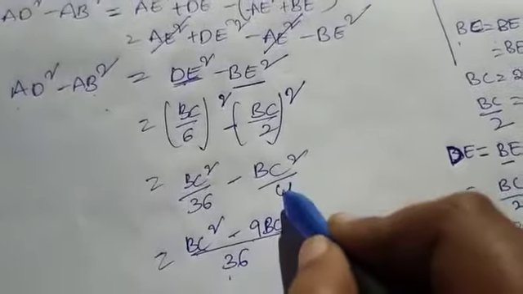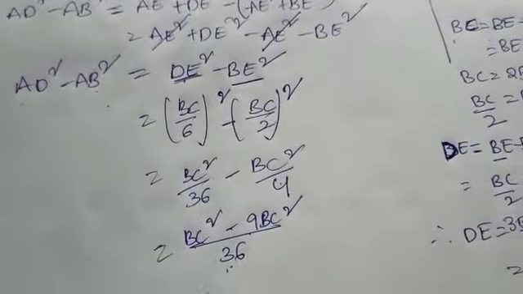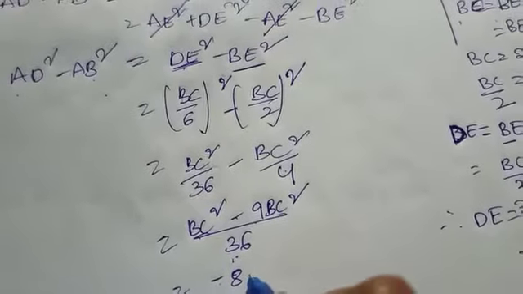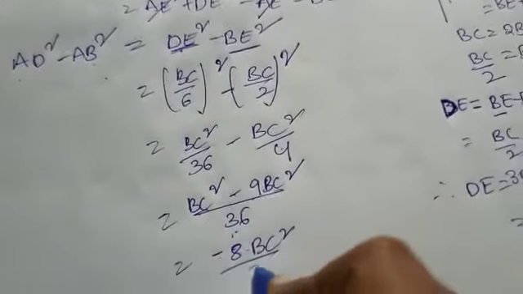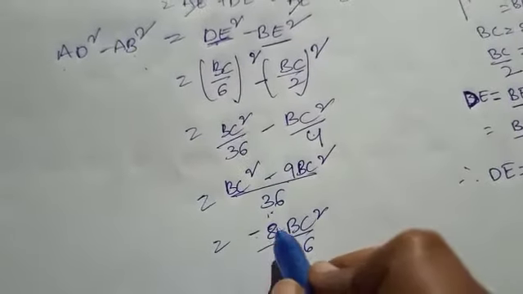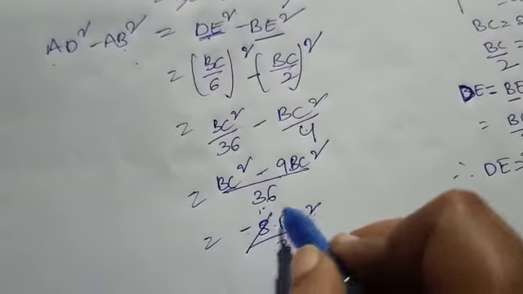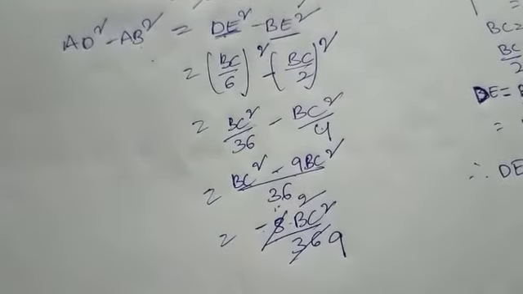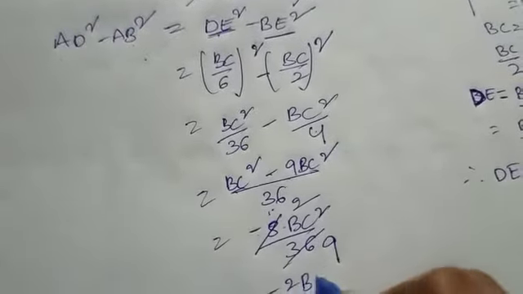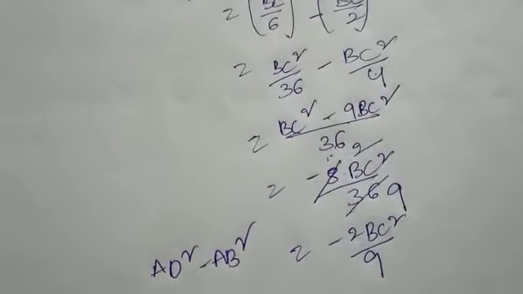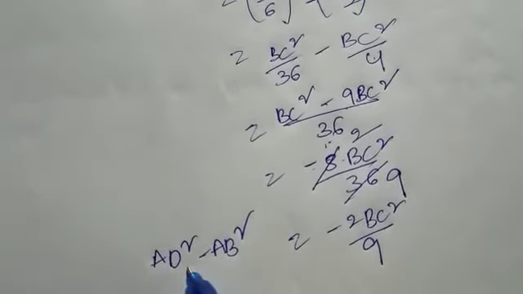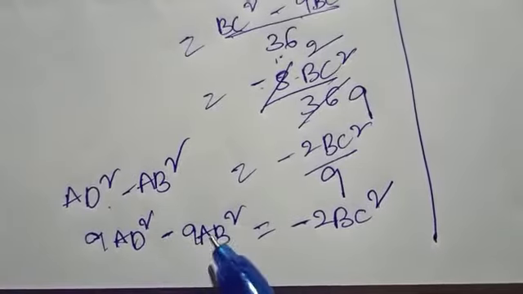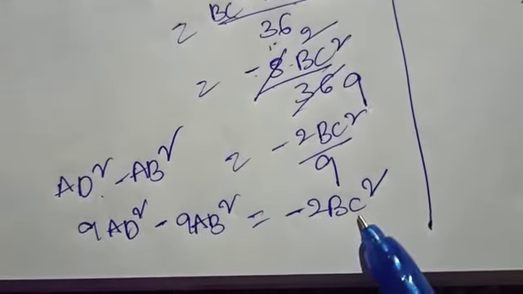BC square minus 9 BC square by 36, which is equal to minus 8 BC square by 36, which is minus 2 BC square by 9. The 9 comes to this side, so the equation becomes 9AD square minus 9AB square equal to minus 2BC square.